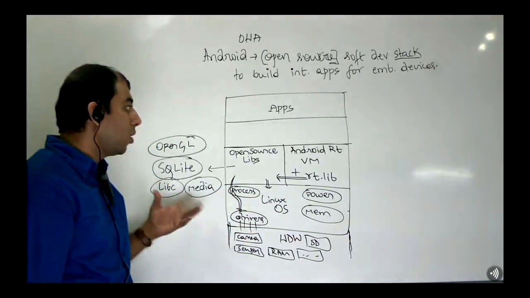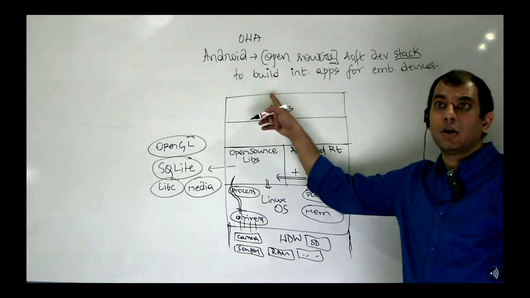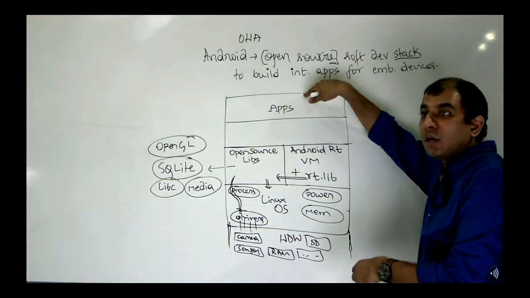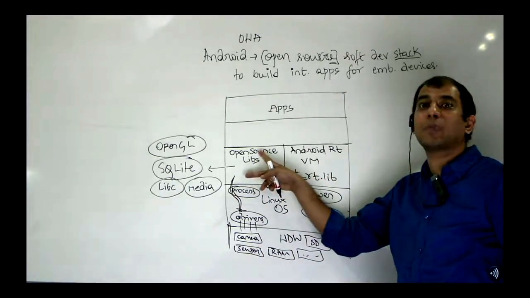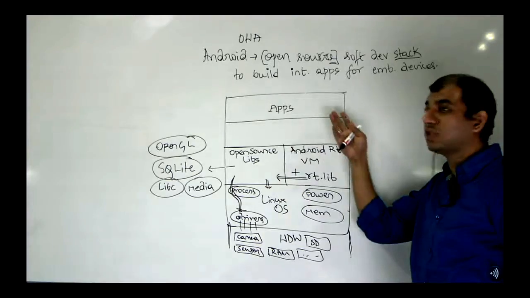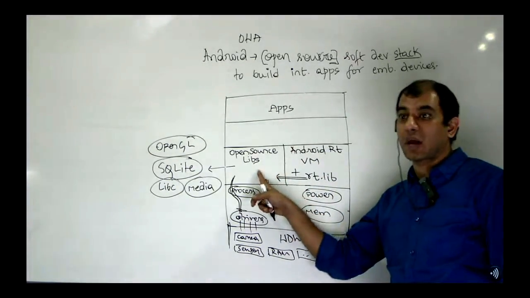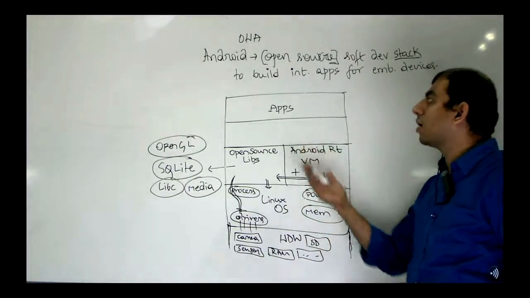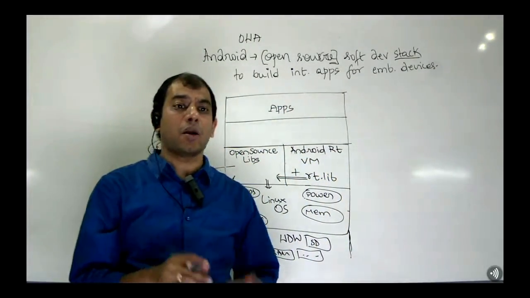Which means, if an application is going to be built, can we now utilize all the services of the hardware and the OS using this runtime library or not? Which means what you don't have to build is C, C++ calls. You can directly use Java calls, Java classes, which interact with open source libraries, which will further interact with your OS and hardware.